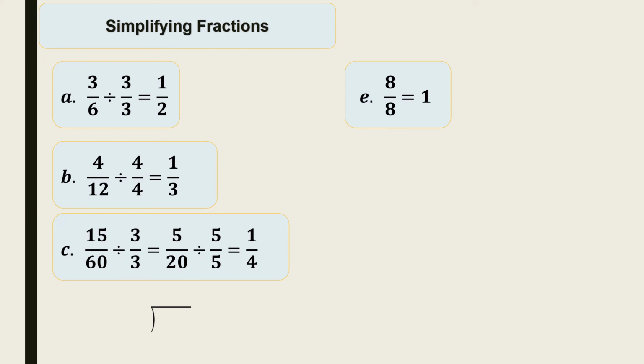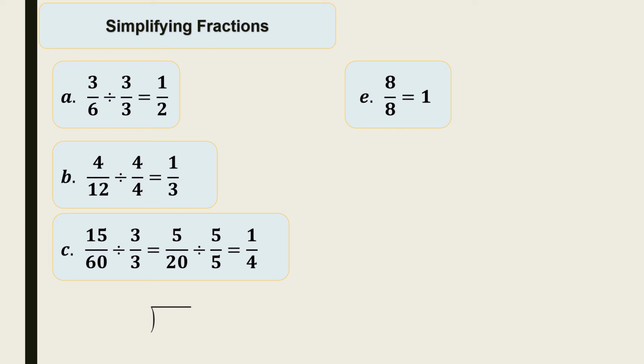Next, letter C, 15 over 60. As you may see here, 15 and 60 are divisible by 3. So 15 divided by 3 is 5, and 60 divided by 3 is 20. But in this scenario, 5 over 20 we can simplify again.